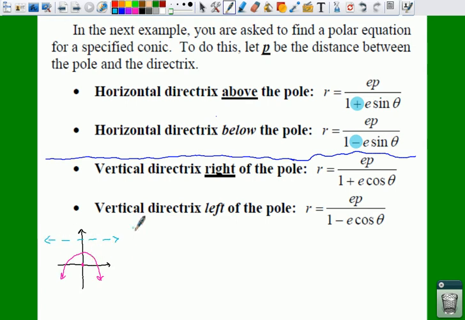In this case, you would have y equals some positive value, say y equals positive 4. In the second equation, we have r equals EP over 1 minus e sine of theta.